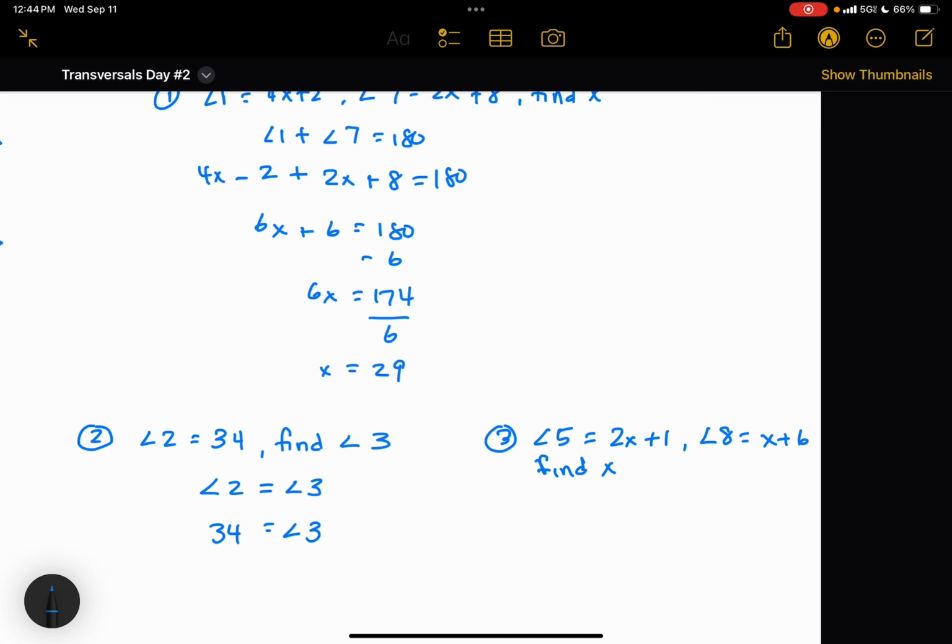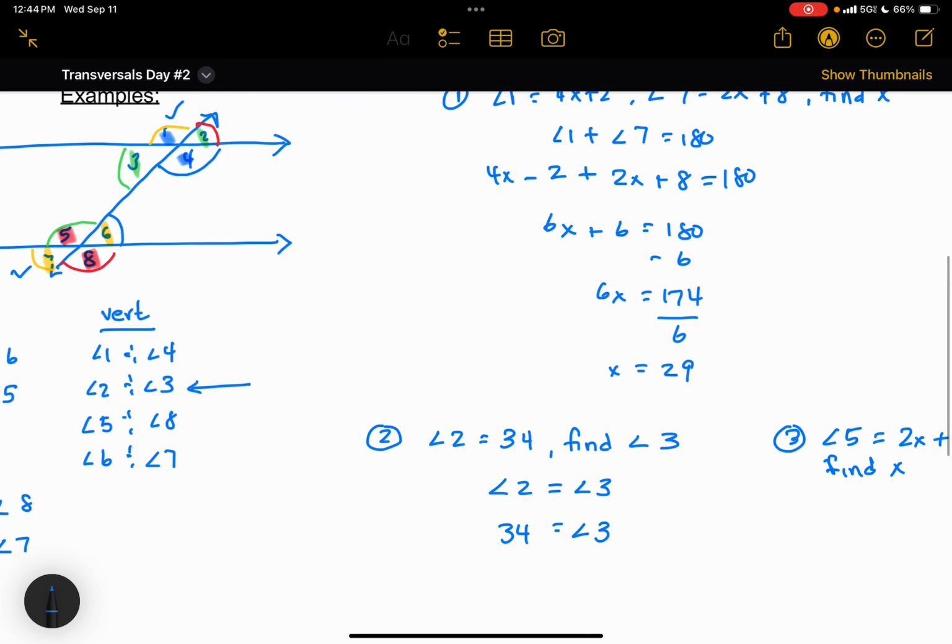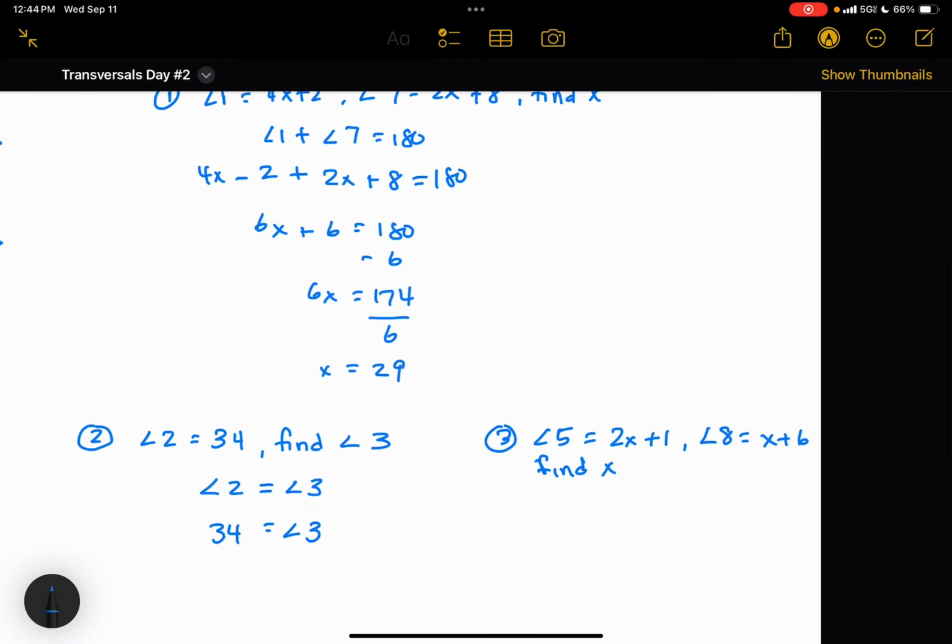Okay, so I know if I look back over here, angle 5 and angle 8, they're vertical, right? Meaning they have to equal each other. So 2x plus 1 is equal to x plus 6. So if I move the x over, minus x, that gives me x plus 1 is equal to 6. I move the 1, x is equal to 5.